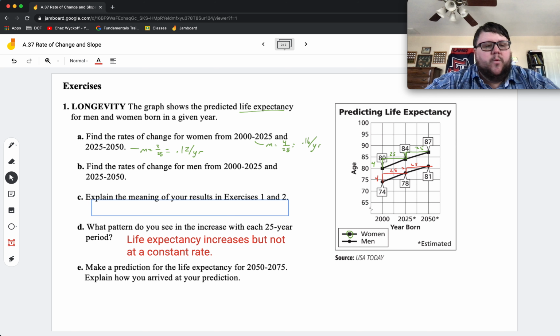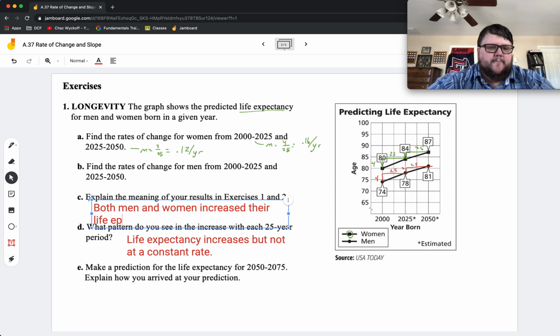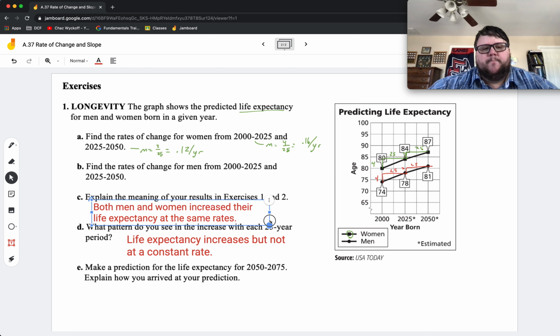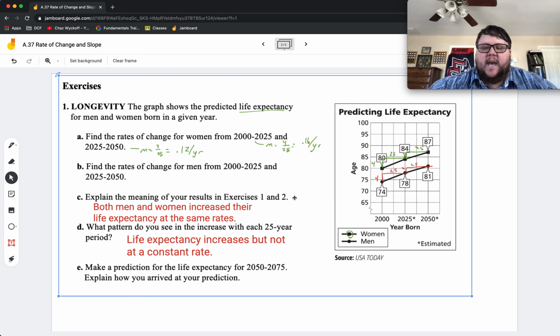So both men and women increased their life expectancy at the same rates. Because what you're going to find is for B, it's going to be the same as A.